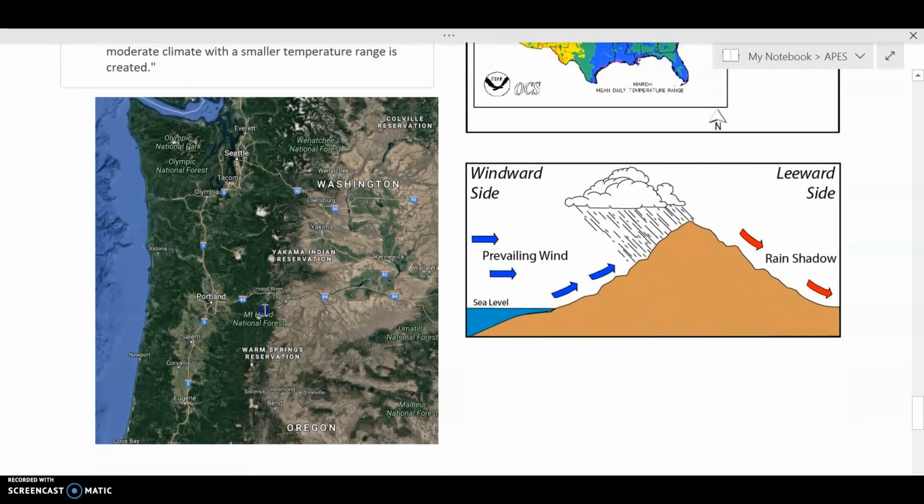Okay, and now let's move on to the rain shadow effect. What ends up happening when you have something like a mountain next to the coast is that the wind from the ocean is going to be really high in humidity, simply because it's over the ocean.